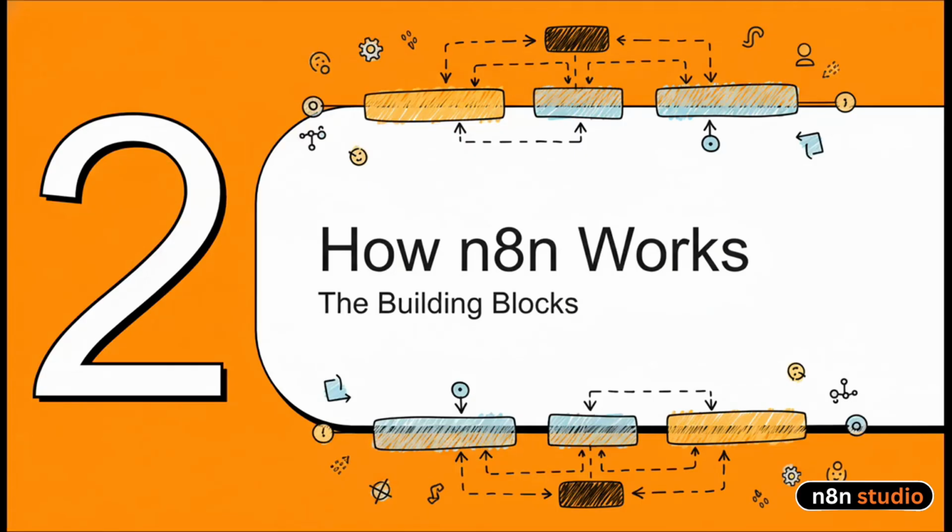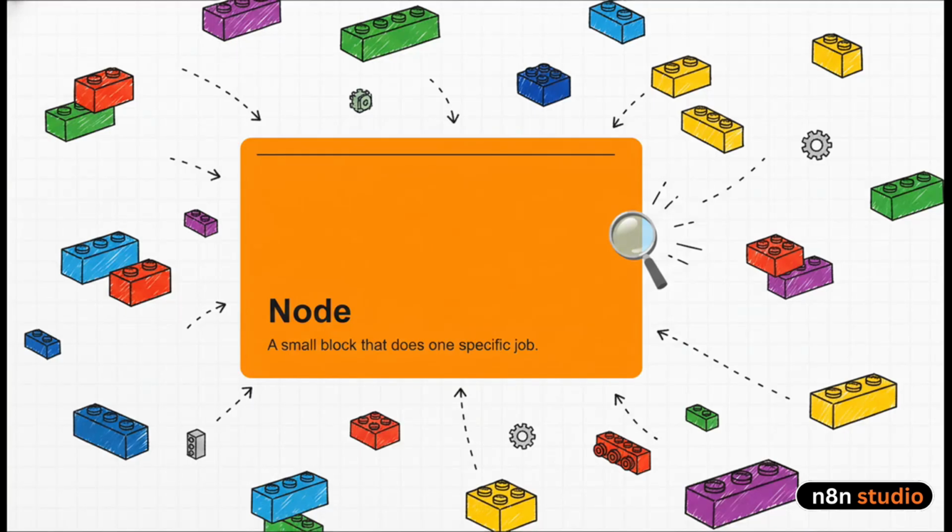Okay, so how does all this digital magic actually work? Let's pop the hood and take a look at the fundamental building blocks that make everything in n8n tick. You know, it all comes down to one simple, absolutely brilliant idea: the node. And honestly, the best way to think about a node is to imagine a digital Lego block. Seriously, each node is just one little block that does one very specific job.